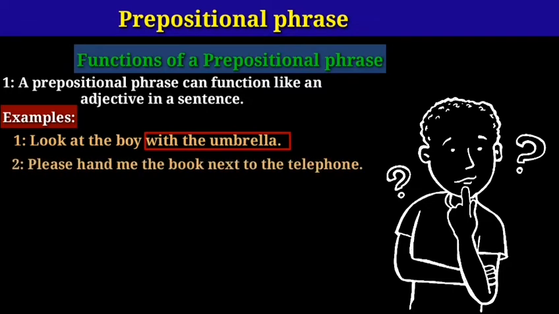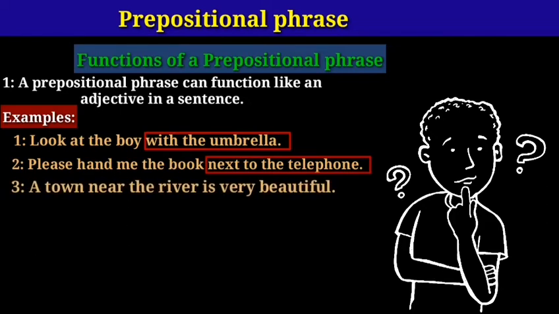Please hand me the book next to the telephone. In this sentence, next to the telephone is a prepositional phrase, but here it modifies the book. So that is why it functions just like an adjective. So you can see that a prepositional phrase can also function just like an adjective. A town near the river is very beautiful. Which one town is very beautiful?